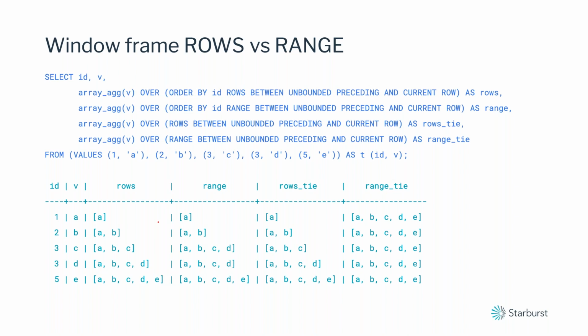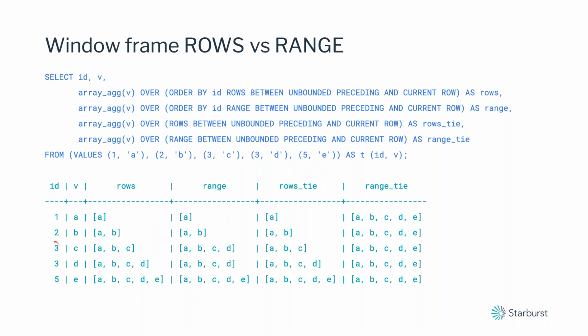Now we're going to look at the difference between rows and range. This looks pretty complicated, mainly because the way that you write the window clause is just a lot of words. For the first one, we've got our table with IDs 1, 2, 3, 3, 5.